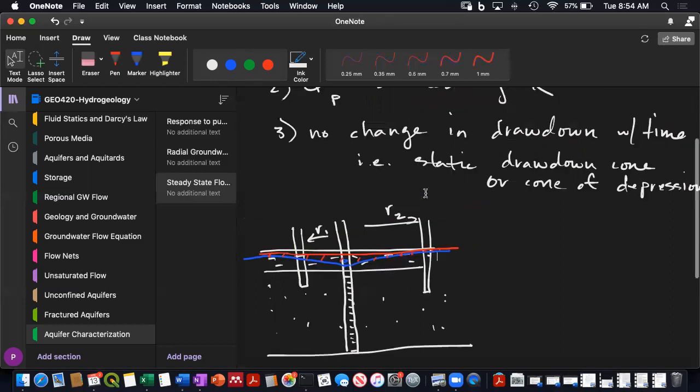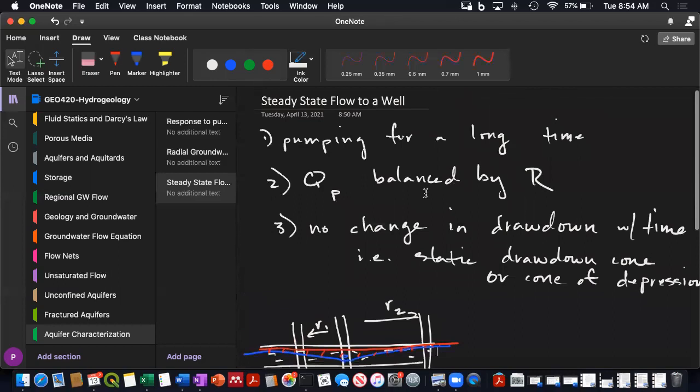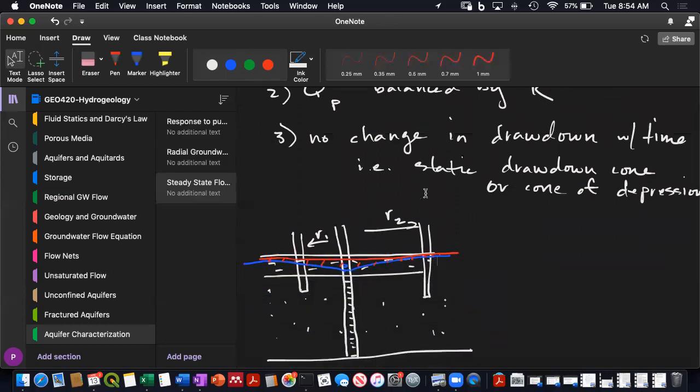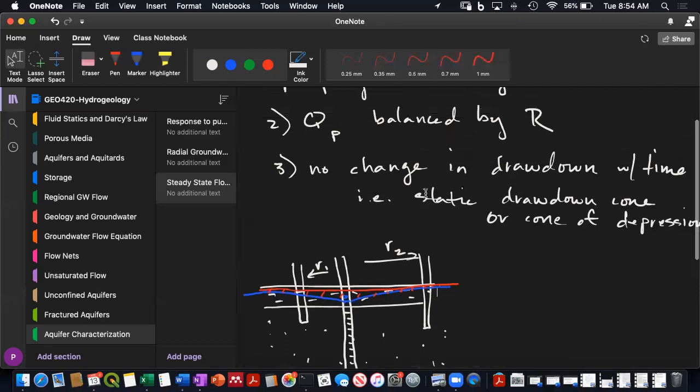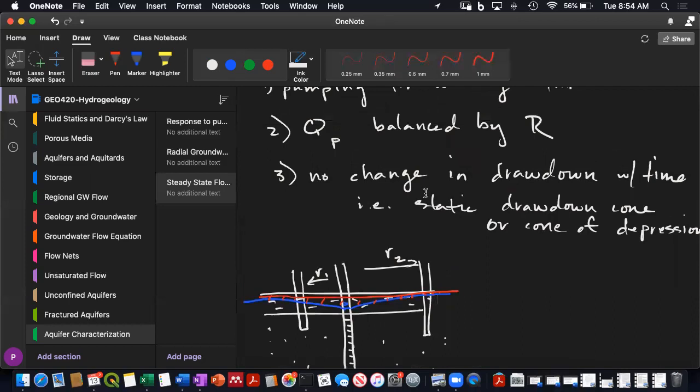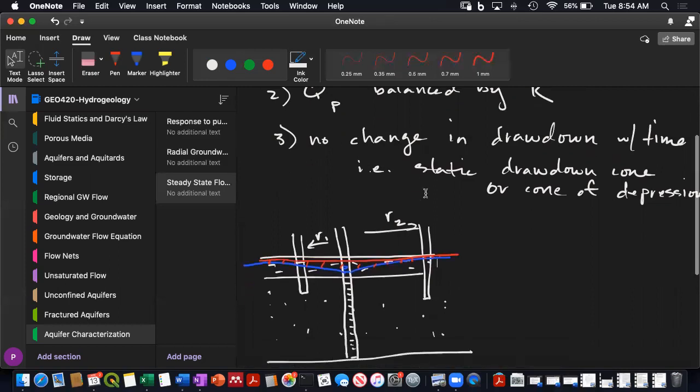All right, so if I have no change in head, what kind of system do we call this? We have a constant cone. Is this a transient or a steady state? Right, so we're in steady state here. All right, let's start off with the big Q form of Darcy's law.